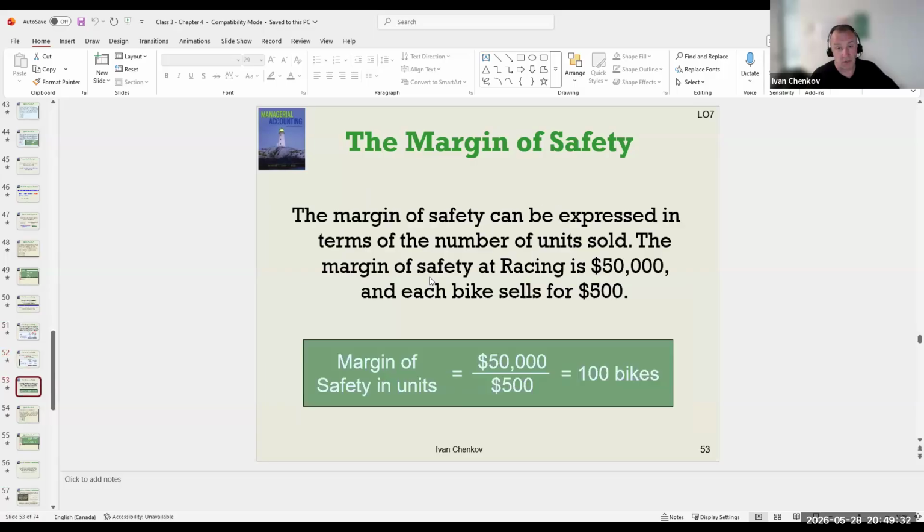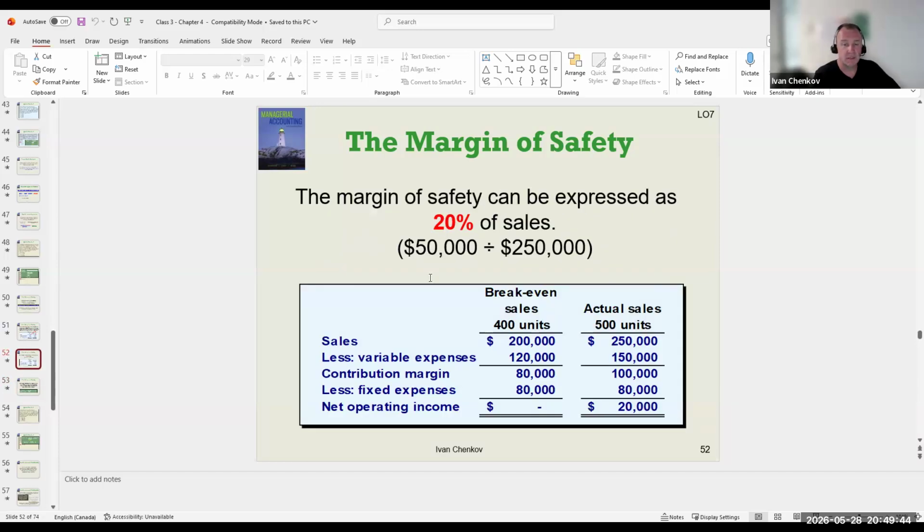If we want to calculate it as a number of bikes, we can take the total sales above divided by the sales price per unit. We're going to get 100. Simply see that I'm selling 100 bikes more. As a percentage, it's always going to be the same. 100 divided by 500 is going to be 20% again.